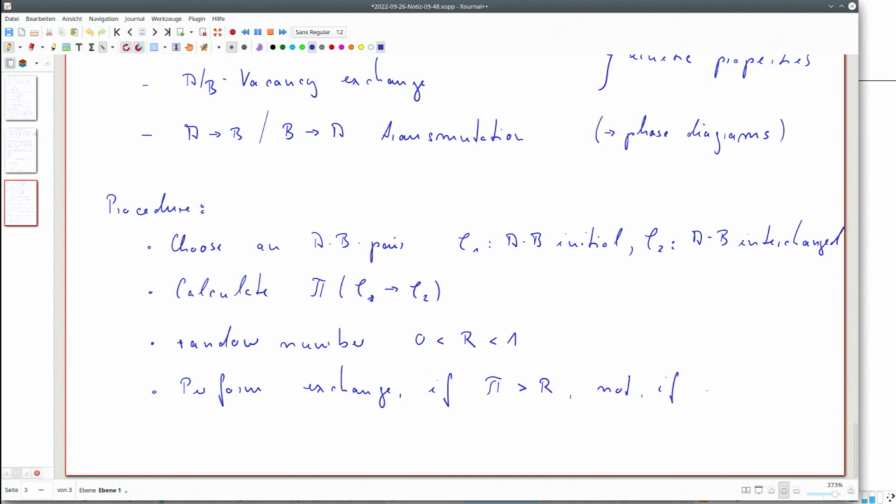If this random number is larger than pi, you don't do it. And this you do so many times until you are satisfied.